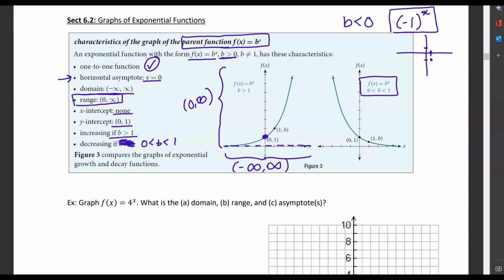So I'm going to be right here. But at 2, I'm going to be positive 1, so I'll be up here. And at 3, I'm going to be negative 1. So it's kind of going like this, because of that negative there. So we really want to keep that base positive so that it follows these characteristics. So let's change that. Let's make sure we're really saying 0 is less than b, which is less than 1. Okay, which is exactly what we're seeing here.